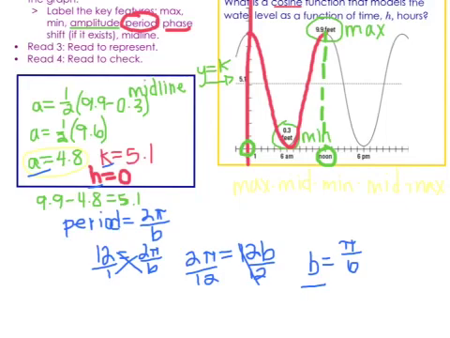So my equation will be y is equal to a, which is 4.8, times cosine of b, which is pi over 6, times the quantity x minus h, but h is 0, so just x, but x is h for hours, so h, plus k, so plus 5.1. All right. So there is my cosine function that models the water level as a function of time, h hours.